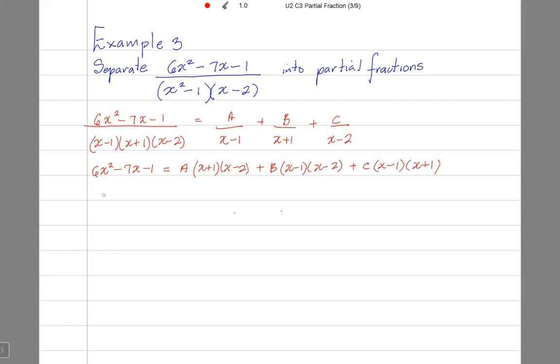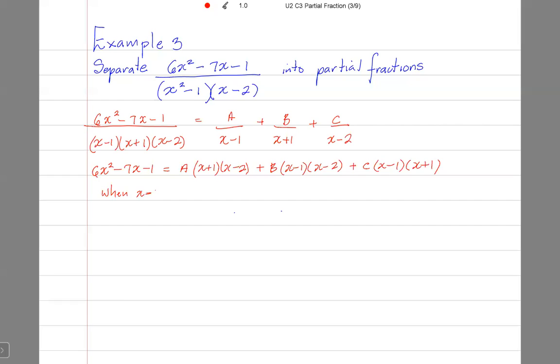So I'm going to say when x is equal to positive 1, by doing that, I will get rid of b and c.